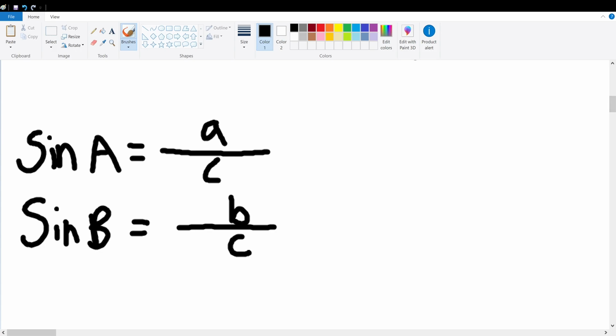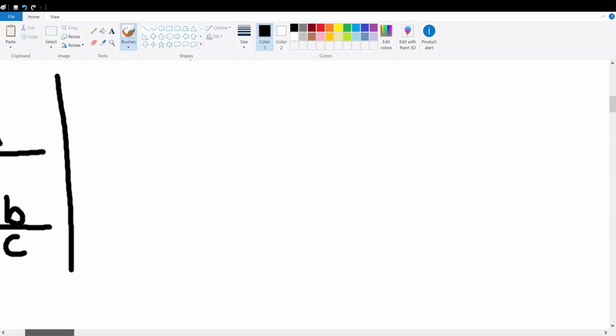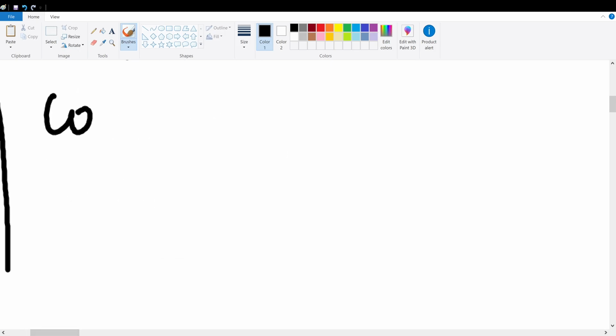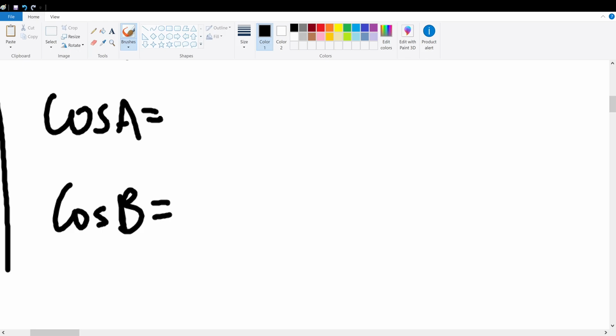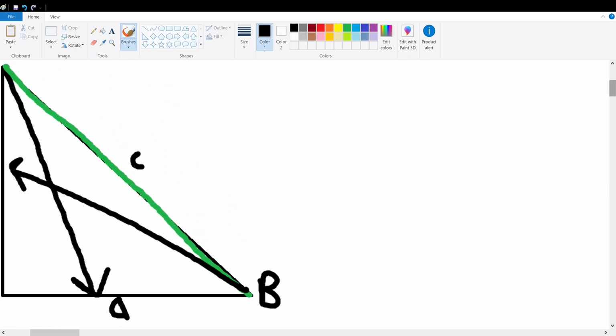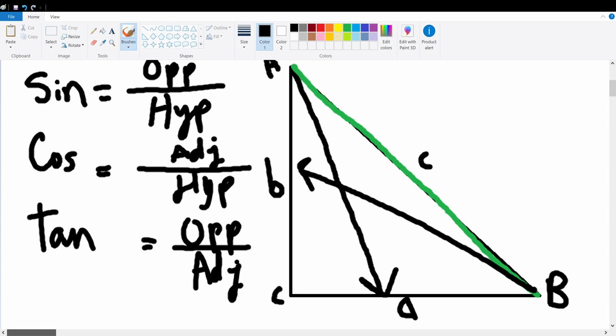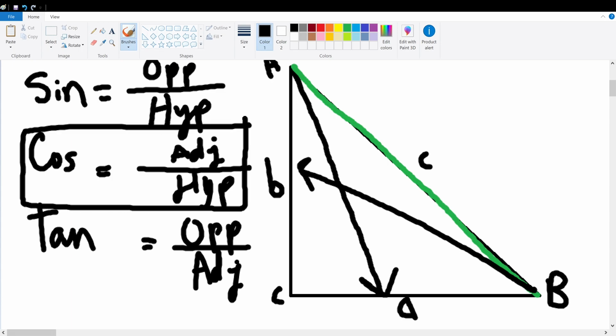Now that we have sine out of the way, let us move on to cosine: cosine of A and cosine of B. Staying true to our definition, cosine is adjacent over hypotenuse, as boxed over there.